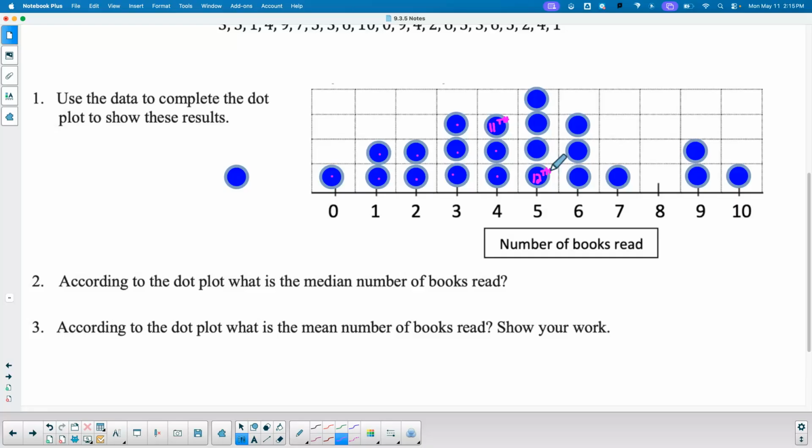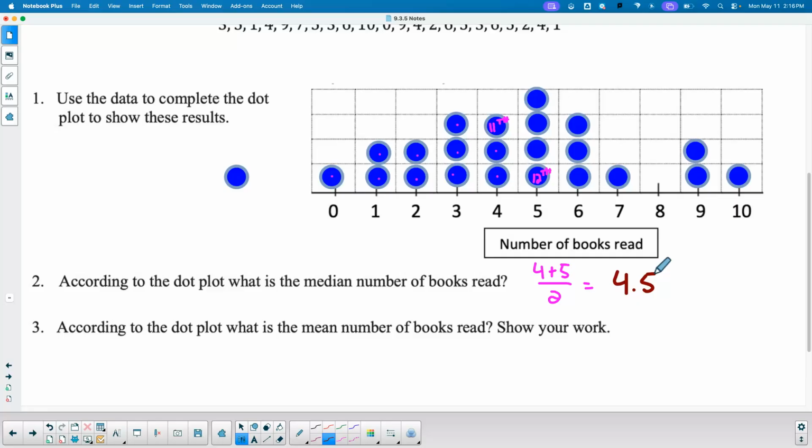So that's an average of 4 and 5. So that's going to be 4.5 is my median. Agree? Okay.